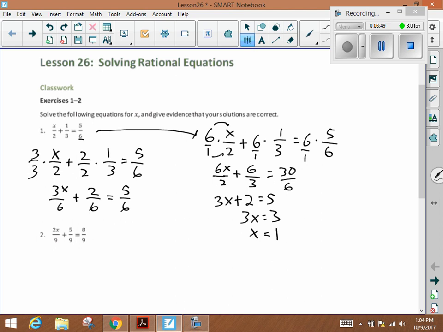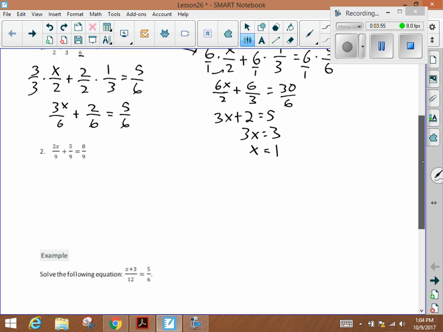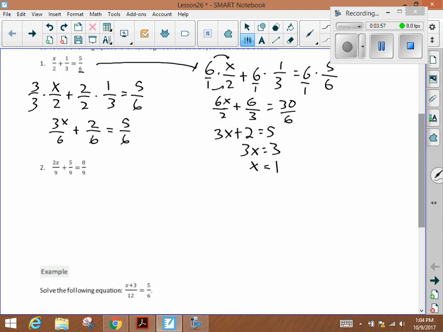We'll be able to get really fast at these to where we can actually skip some steps. So let's try this other one. It looks pretty obvious that what I should do right here is just multiply everything by 9. I could write it like this too: I'm going to multiply this whole equation by 9. What's that going to do? It's going to make all of my denominators cancel out. The same thing that happened in the previous equation is going to happen here.